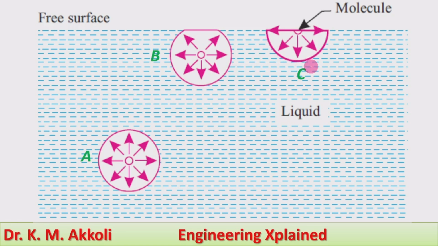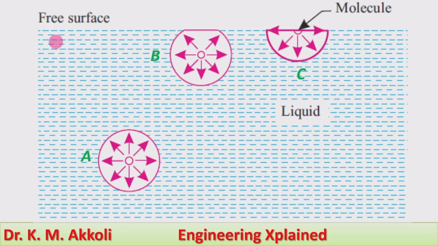Similarly, molecule C, which is at the surface, has no upward force acting on it. A net resultant downward force acts on molecule C, which experiences tensile force in the downward direction.